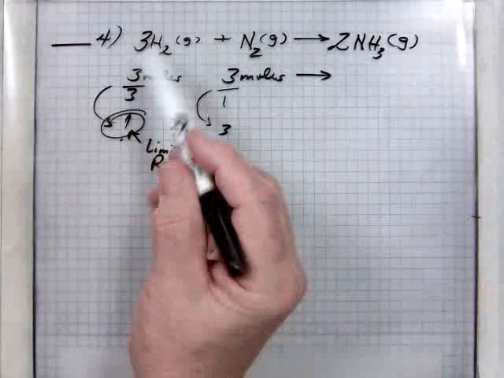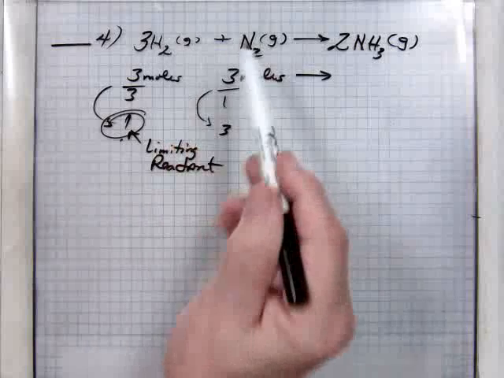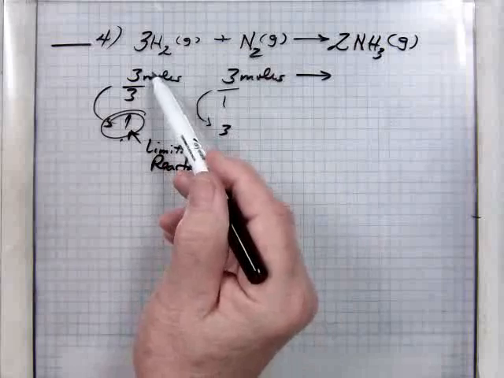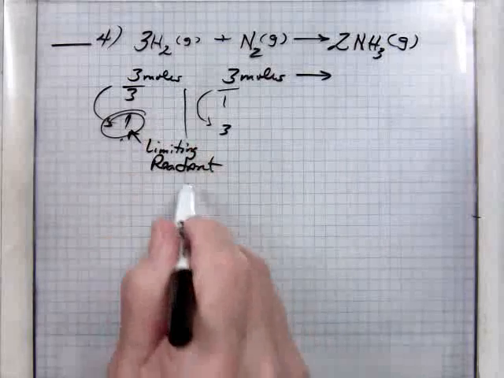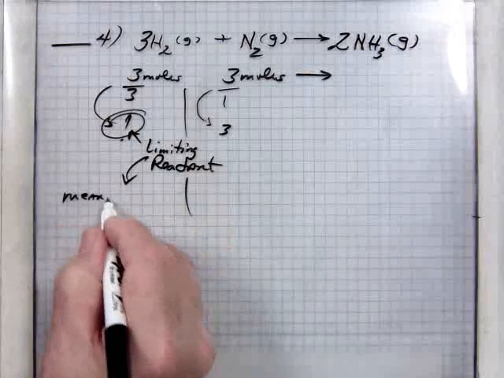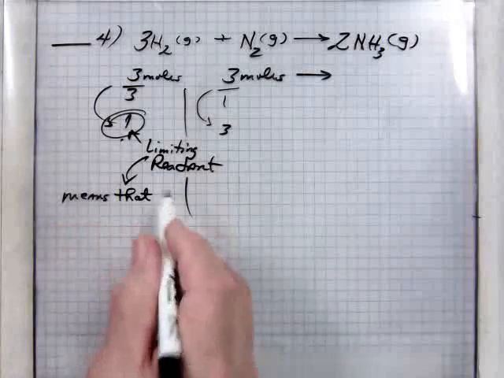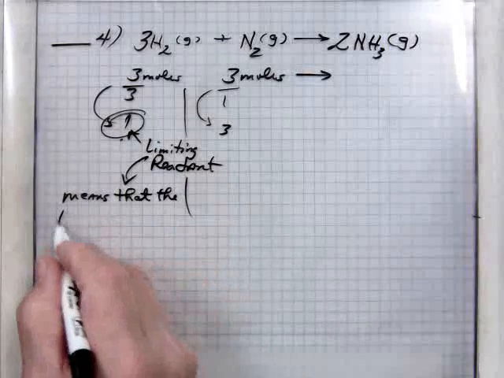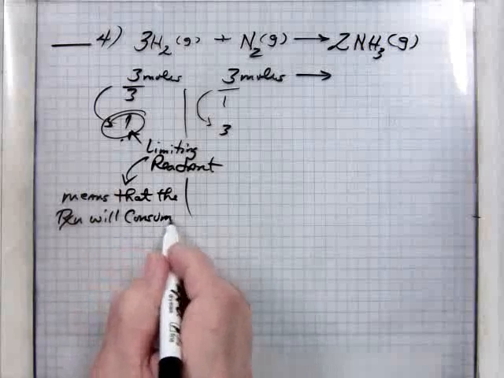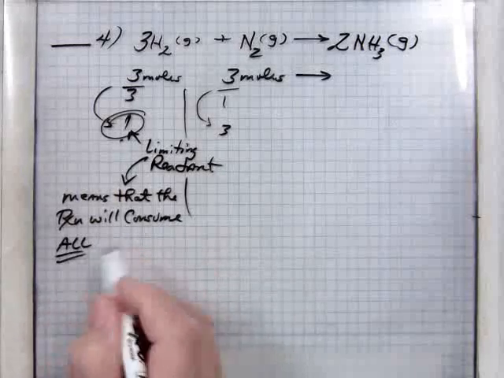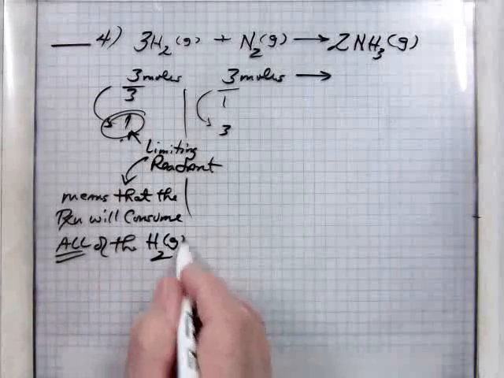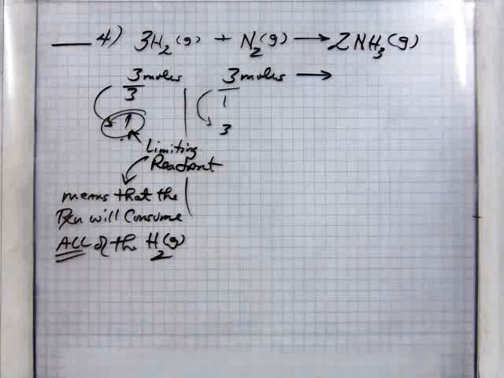So how much is the excess of nitrogen? Well, in the equation, it's a 3-to-1 reaction ratio. So we're going to use up all of the hydrogen. Okay, and that's the first thing you need to recognize, which one goes away.